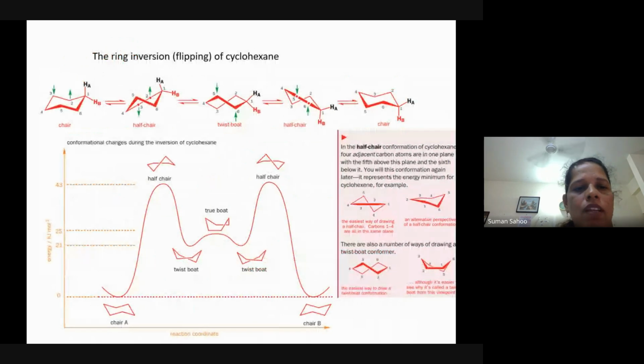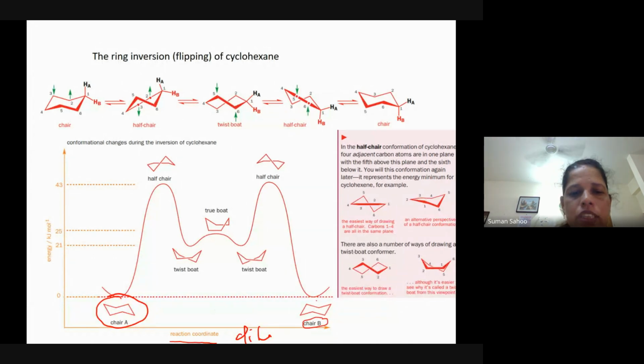So the potential energy profile of your cyclohexane along the dihedral angle or reaction coordinate shows that your chair conformation is the most stable conformation. You can write the chair conformation like this, or you can flip it to the other chair conformation like this.